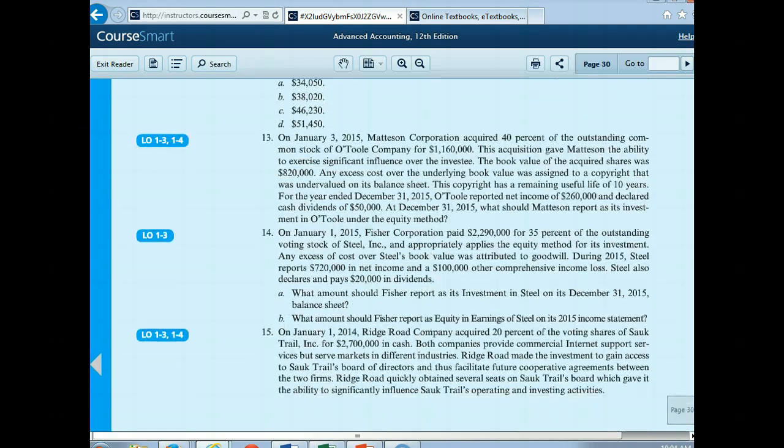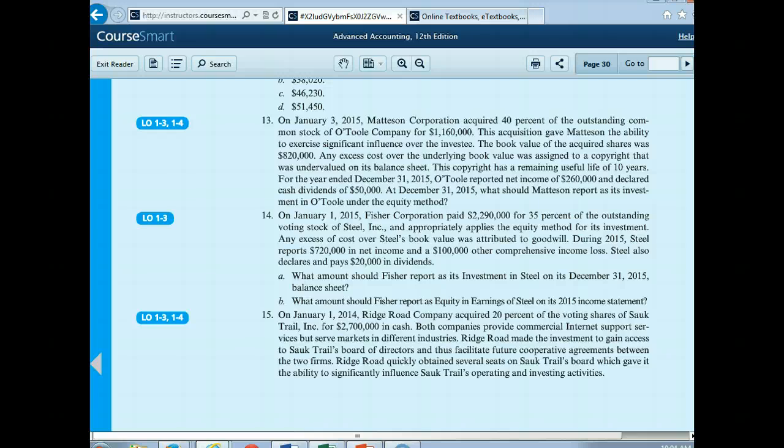So, if we go to 14, on January 1st, Fisher Corporation paid $2,290,000 for 35% of the outstanding voting stock of Steel Inc. and appropriately applies the equity method for its investment.